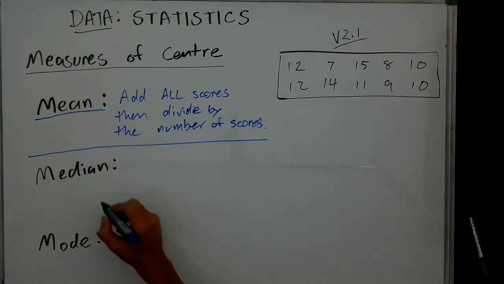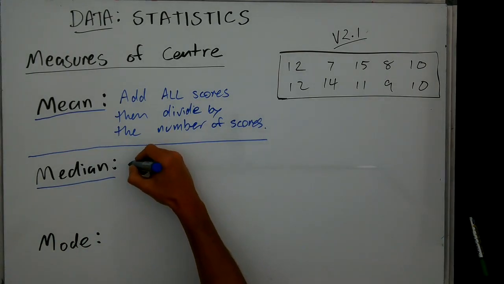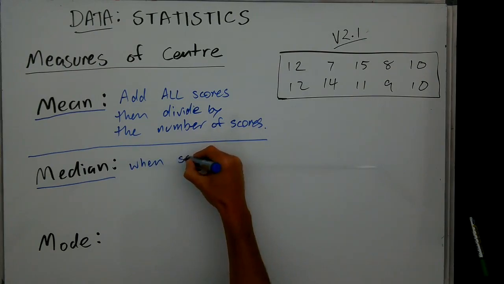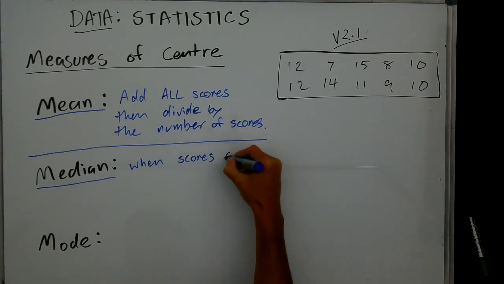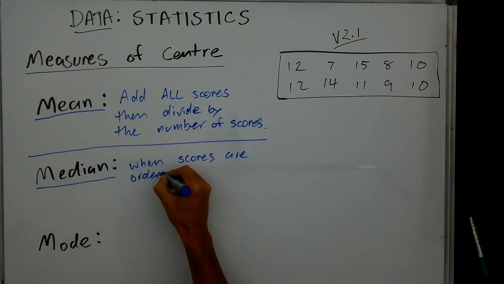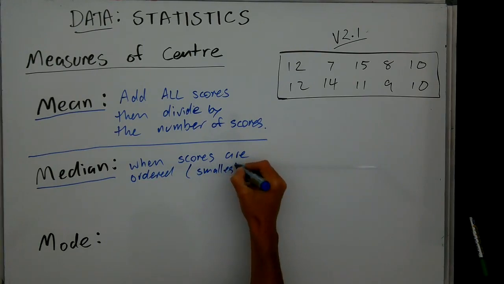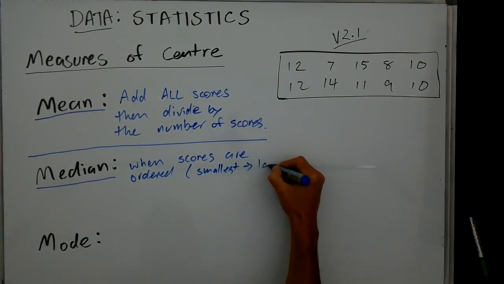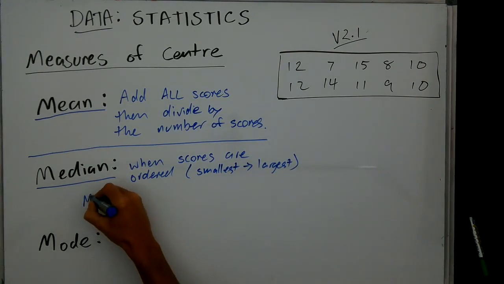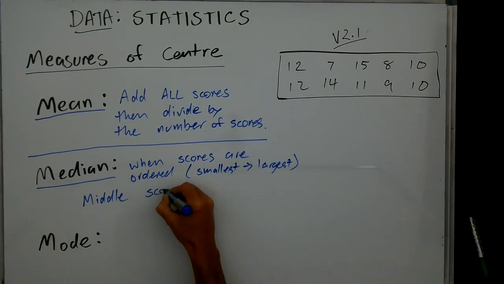Okay, so the median is, when scores are ordered from smallest to largest, the median is the middle score.